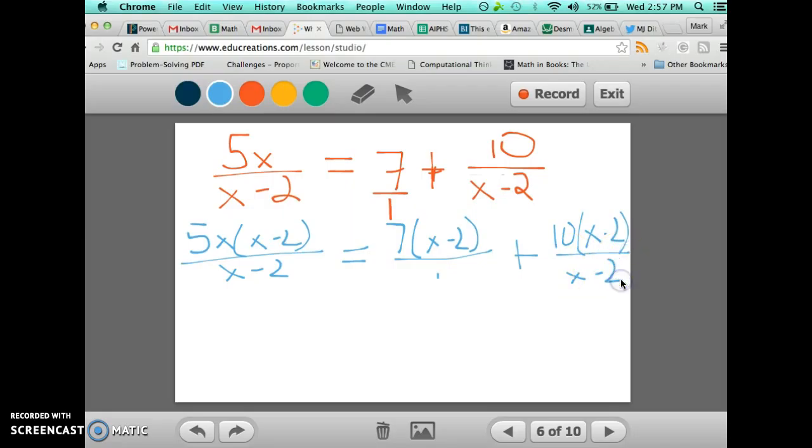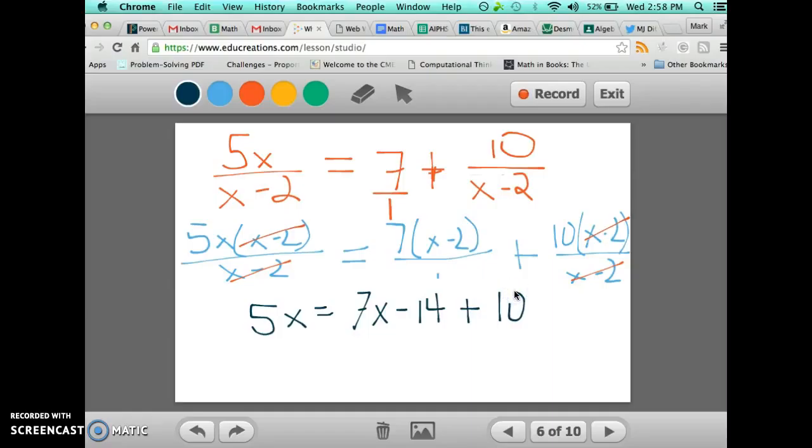Now maybe you won't want to write all that when you're doing it, because maybe you'll automatically in your head say, oh, these are canceling. When I multiply by the denominator, the whole point is to cancel this. So really what you'll have is 5x equals, now this one doesn't cancel, 7x minus 14 plus 10.